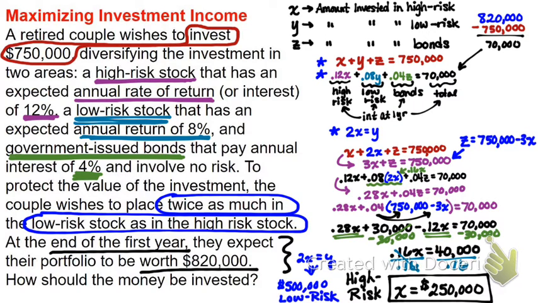How much in bonds? 0 in bonds. Why? Because 250,000 plus 500,000 already adds up to that total initial investment that they have. They've got no more money to invest, so they're not going to put anything in bonds.